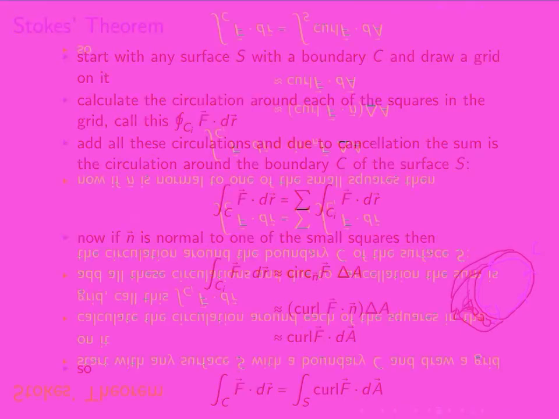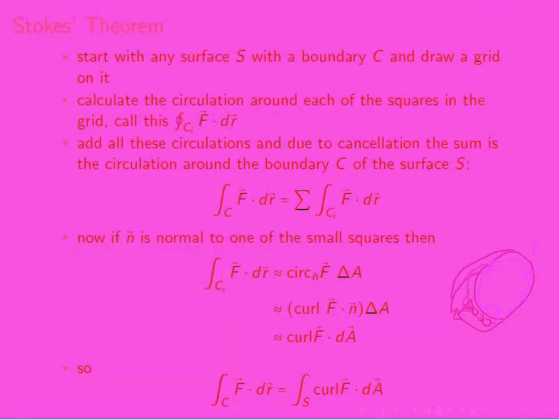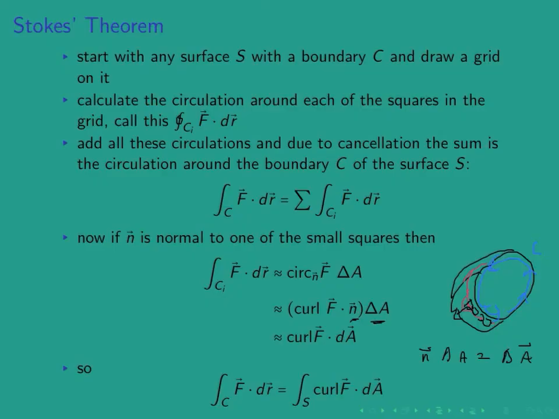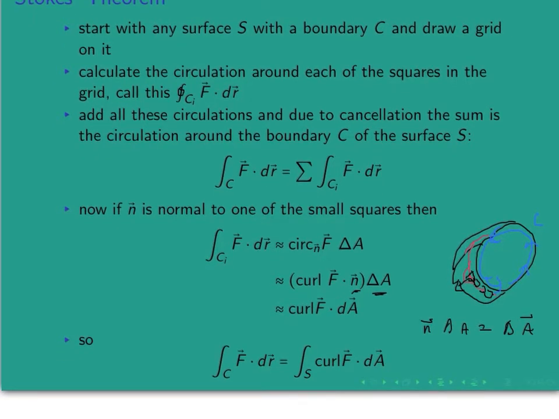It's a vector delta A that's pointing in the direction of n. So when I rewrite it that way, what I get is that this line integral around a small square is the curl of F dotted with dA as a vector. Take this, plug it back in there, add them all up and let the appropriate delta A's go to 0, and what you get is Stokes' theorem.